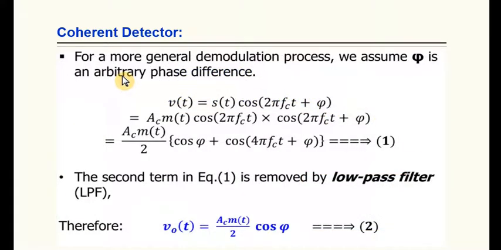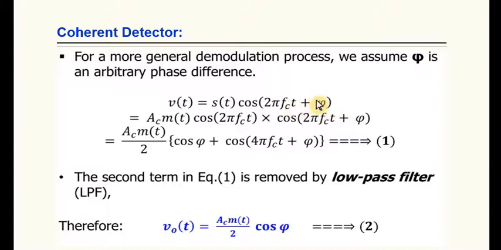So for a more general demodulation process, we assume phi is an arbitrary phase difference. So phi is now not equal to 0. Let us see what is the effect of phi now on the demodulated signal. So V of t now will be equal to S of t cosine 2 pi fct plus phi.